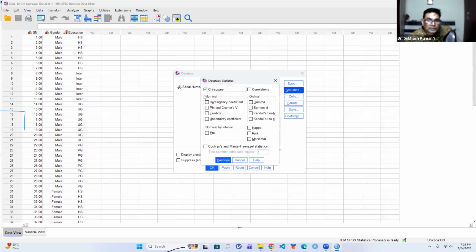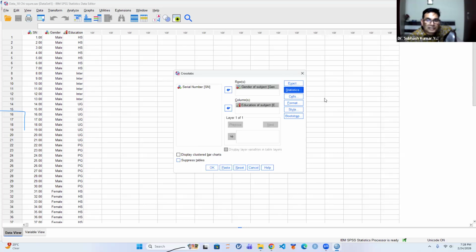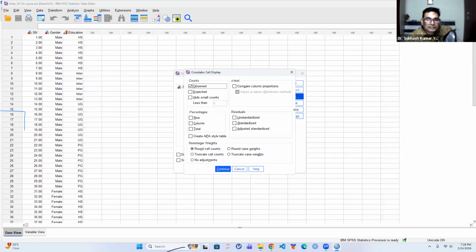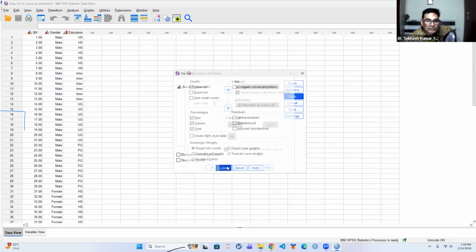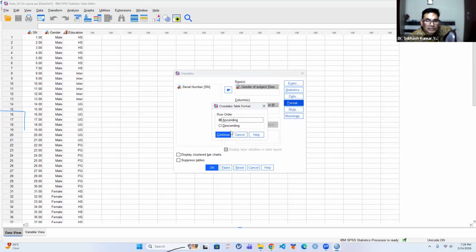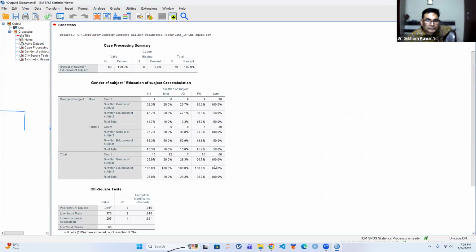If you wish, choose chi-square test, and if you wish the correlation as well, then Continue. For cells, we wish observed frequencies, and we wish these to be presented in terms of percentages, so it is also okay. And you can go for the format, ascending is okay, no change. So now you just click on OK.